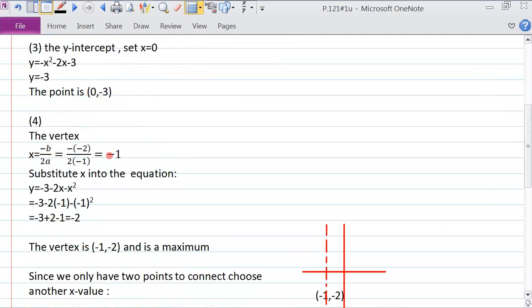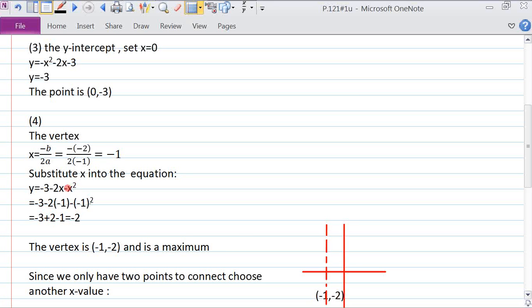We know the axis of symmetry we calculated before, -1. We substitute this into the equation. Minus 3, then minus 2x becomes -2 times -1, which is +2.